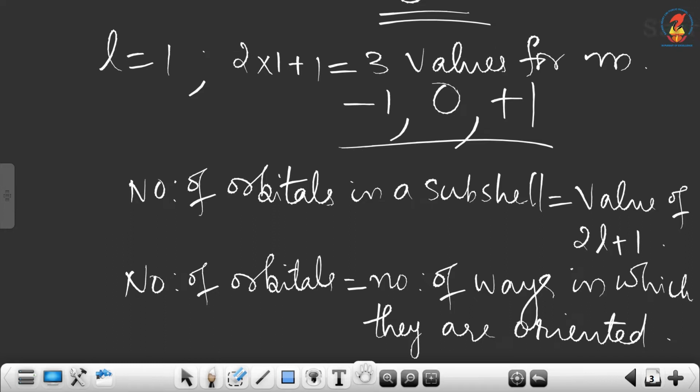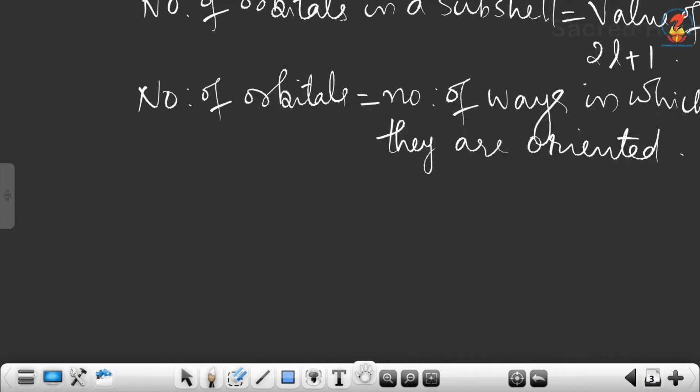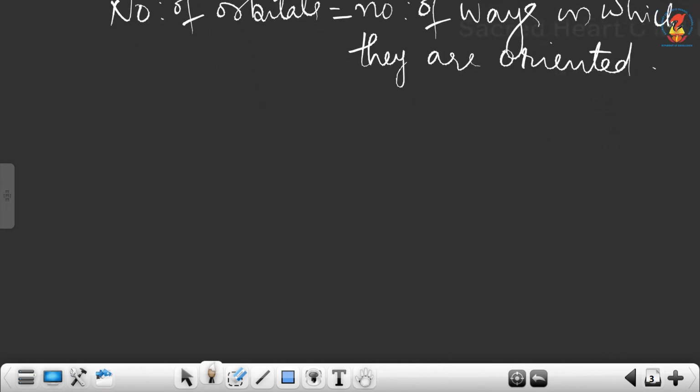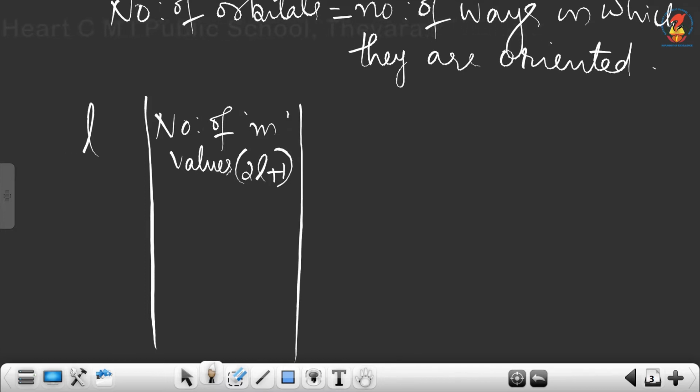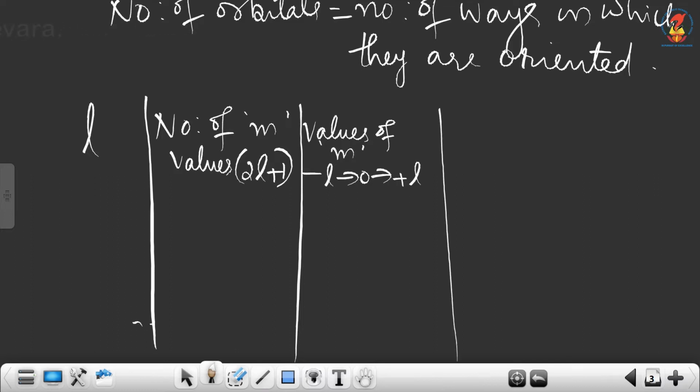So again I am going to draw a table and fill it. In the table we have the L value, then the number of M values. The number of M values is given by 2L plus 1. Now the values of M, minus L to 0 to plus L. Now next, the name of the subshell.